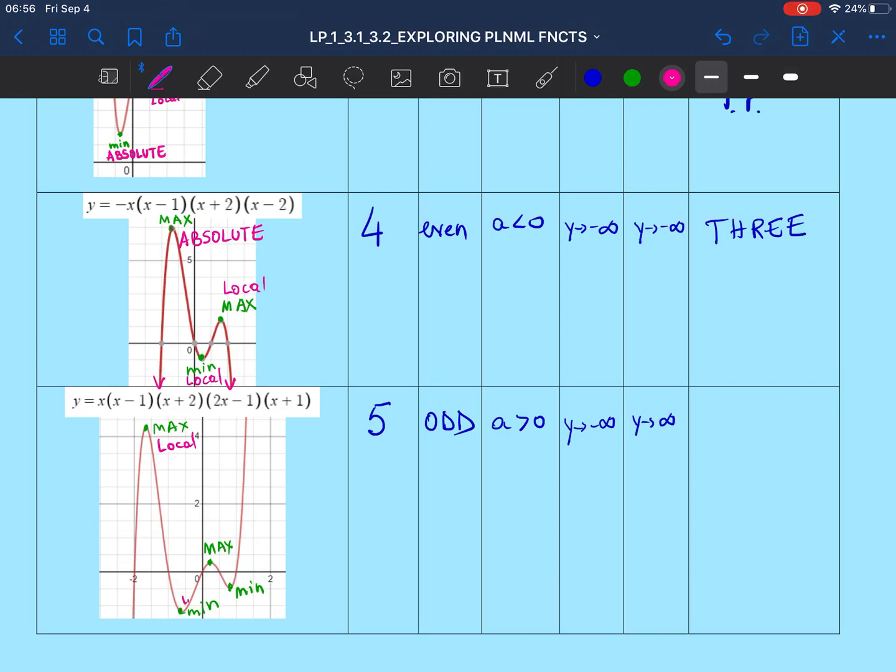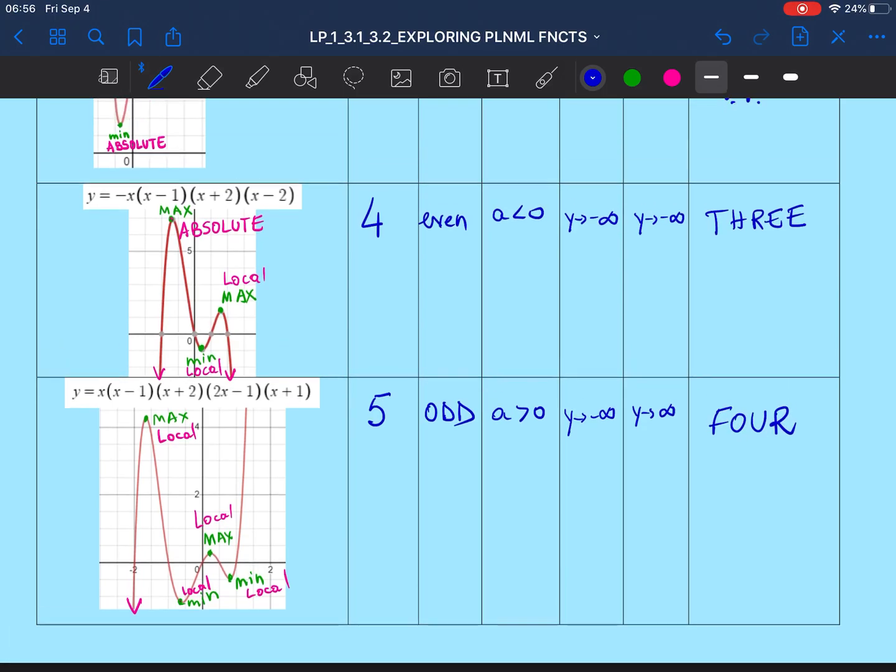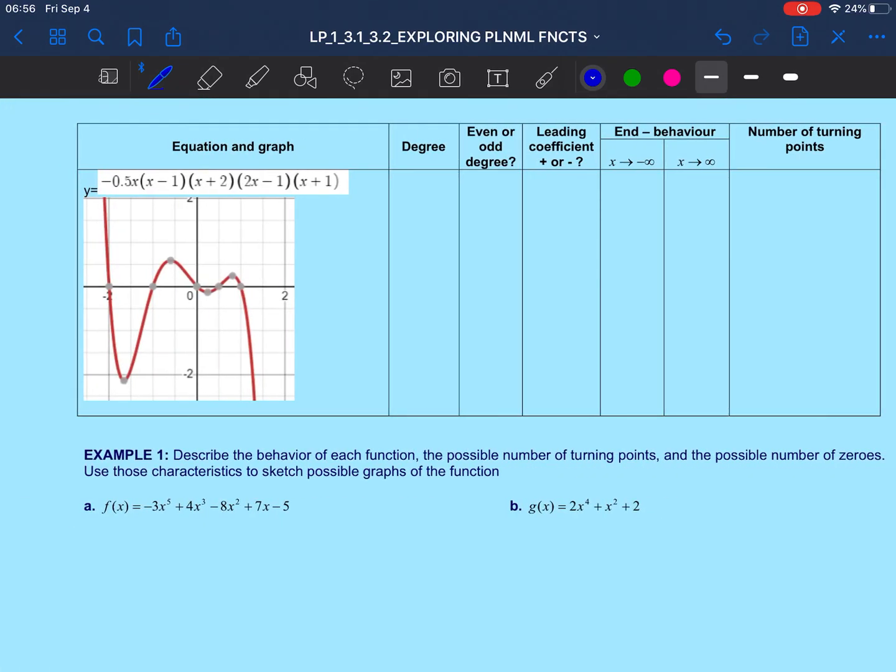Same thing for this point here, which is a local min, because the function continues to decrease to negative infinity. A local maximum again, a local minimum here. And the number of turning points is 1, 2, 3, 4 turning points. So degree 5, 4 turning points. So you probably noticed some patterns in here already.